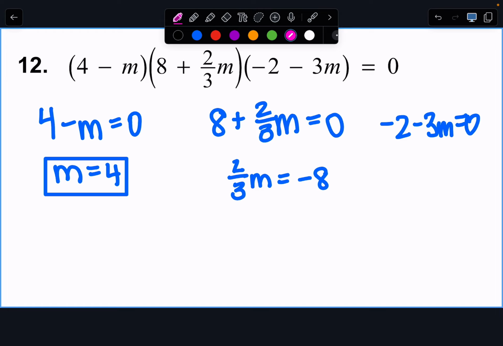And dividing by 2/3 is the same as multiplying by its reciprocal. Okay? If we need to divide by a fraction, it's the same thing as multiplying by the reciprocal. So we have negative 8 times 3 divided by 2. What's that going to get us? Negative 12.